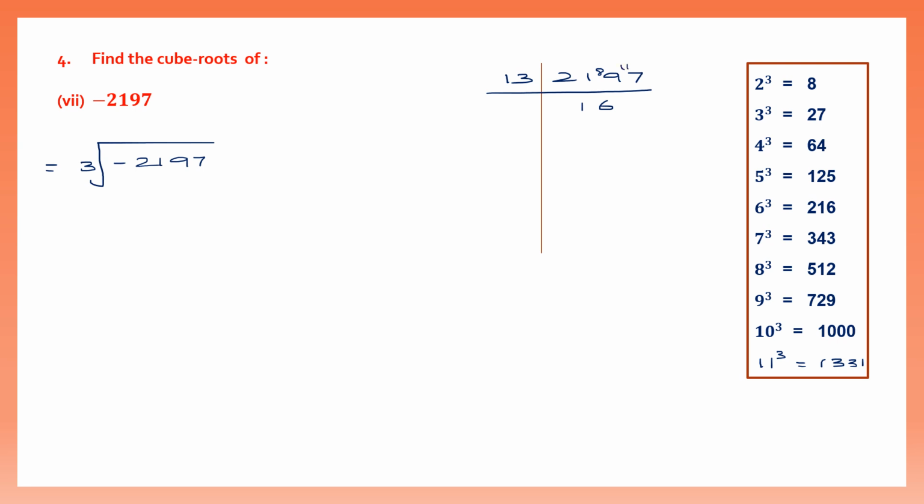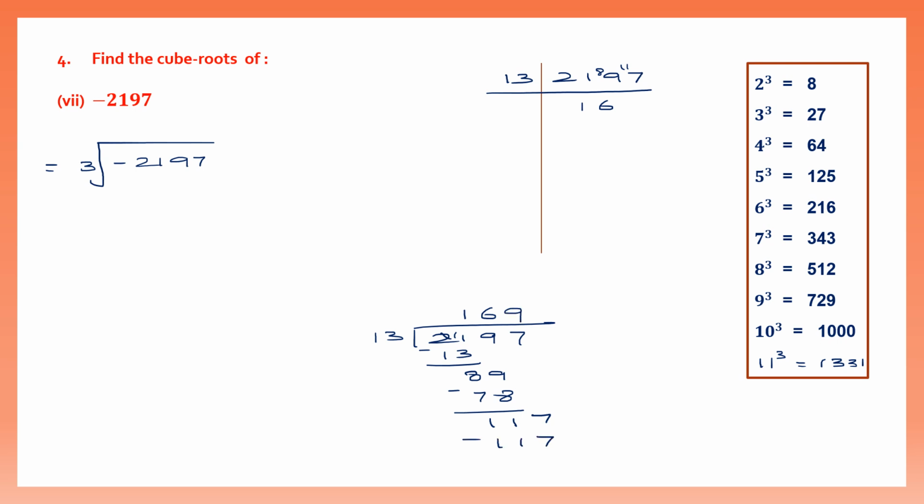Now if you're finding this difficult like this, you can do one proper division like this. 2197 divided by 13. 13 ones are 13 minus, it is 8 here, 9, you bring down 9, then 13 into 6 is 78, minus you have 1, 1 and 7. Now 13 into 9 is 117.